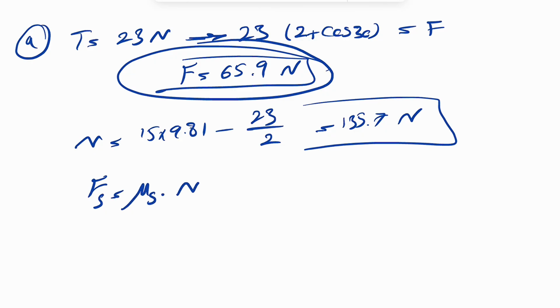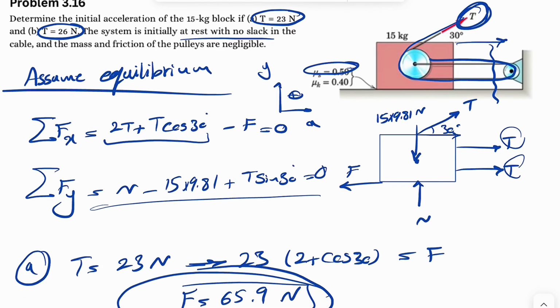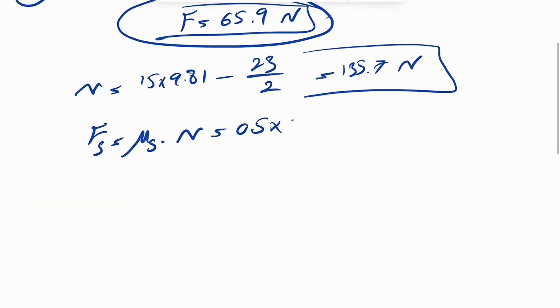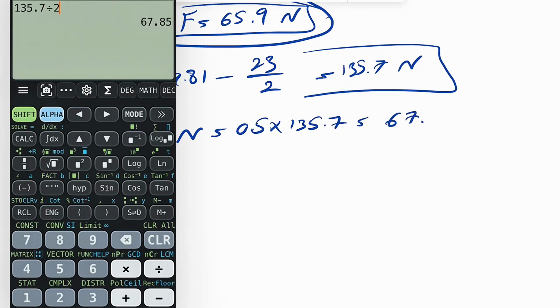Now we have to check if this friction that we found is less than the maximum static friction, which is mu s times N. The mu s here is 0.5, so 0.5 times N, which we found is 135.7. That's going to be 67.9 newtons.